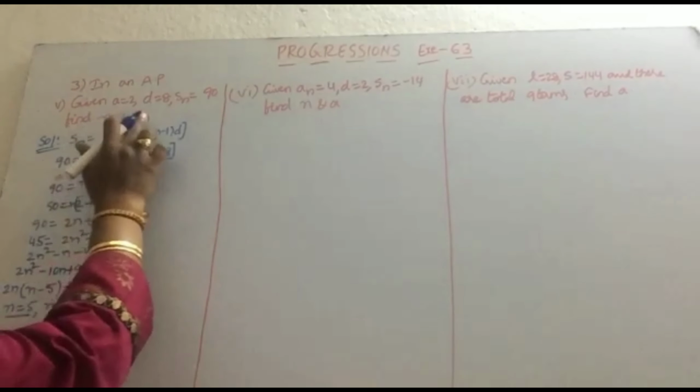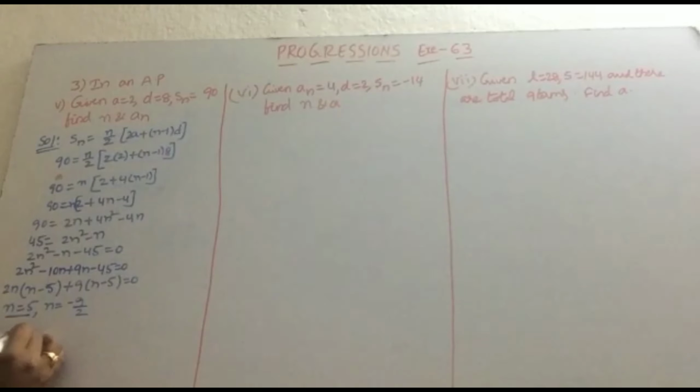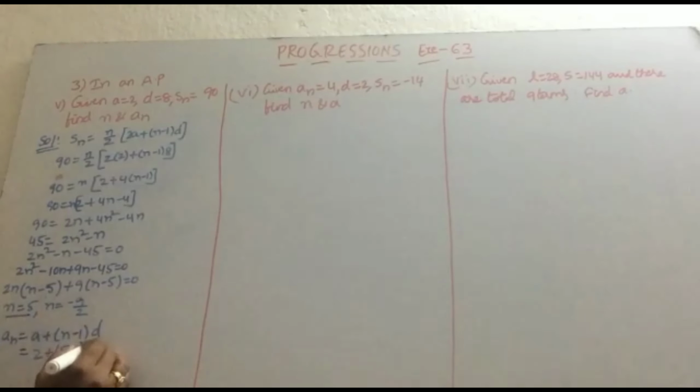So now we will find the value of an. An is equal to a plus (n minus 1) into d. So a is 2, n is 5 minus 1, d is 8. So that is equal to 2 plus 4 into 8, 32. So that is equal to 34. An is equal to 34 and n equal to 5.